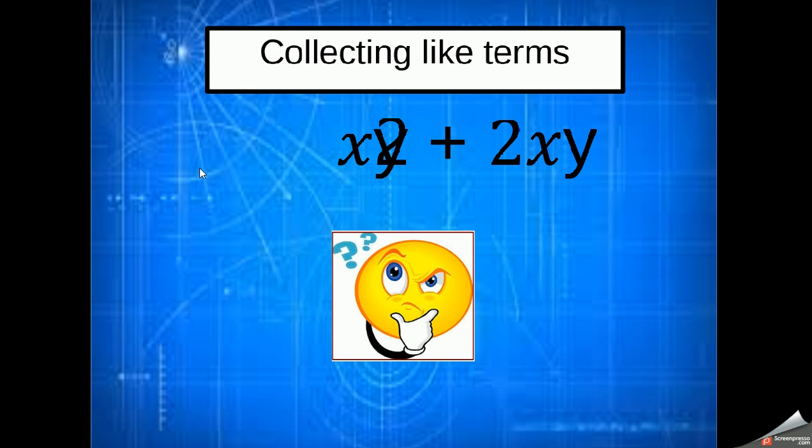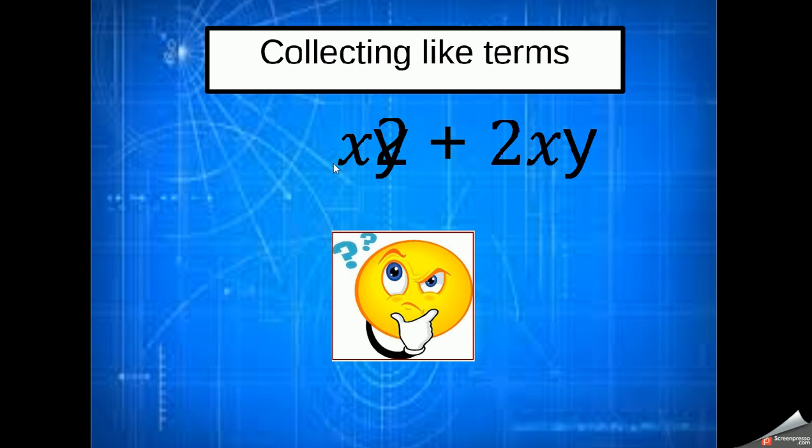By here we've got xy plus 2xy. So we've got one lot of xy, x times y, and we've got two lots of xy. There's y's in this, and there's x's in this. So can we gather any like terms? Well, as it happens, you can, because they multiply by each other, you can consider, for the moment, xy to be one term.